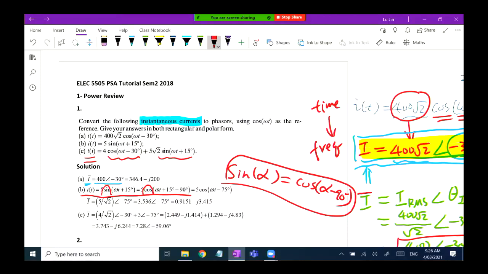For example, for part C, you can do it either way: add them together in the time domain and convert that to phasor or rectangular form. But as I mentioned, and as suggested by the solution, we convert each of the two terms into the frequency domain and add up these two vectors in the complex plane to finish the calculation. In the test, you have to show me which way you are doing, your calculations and final answers.